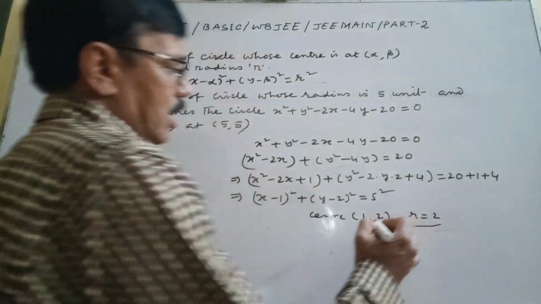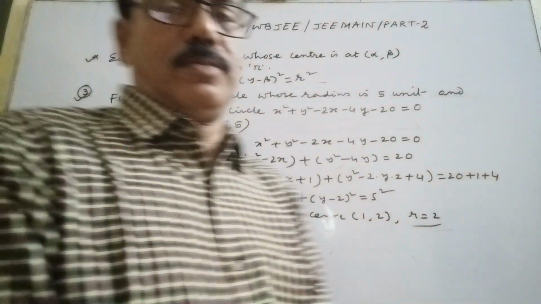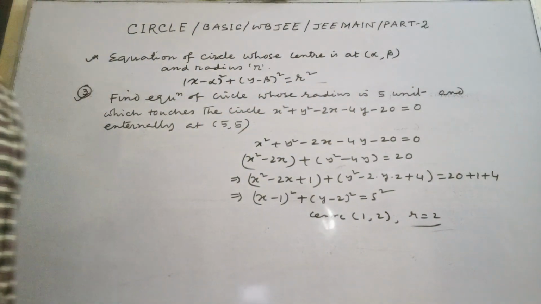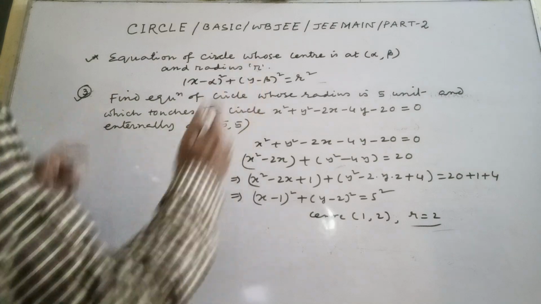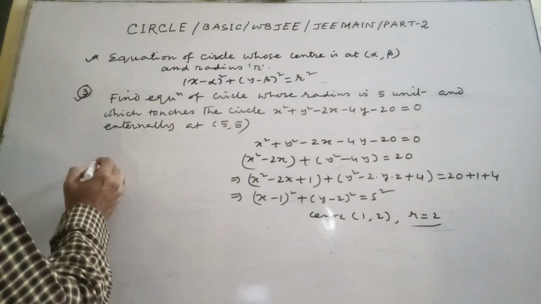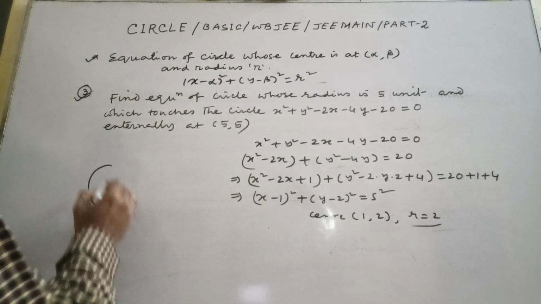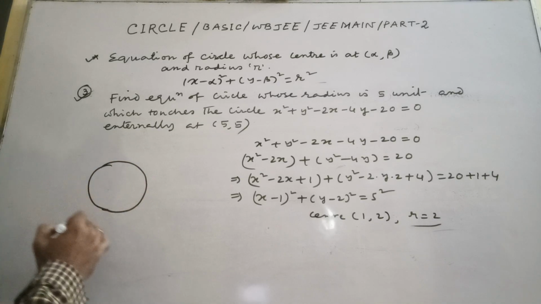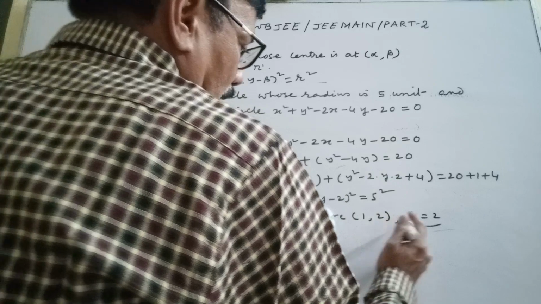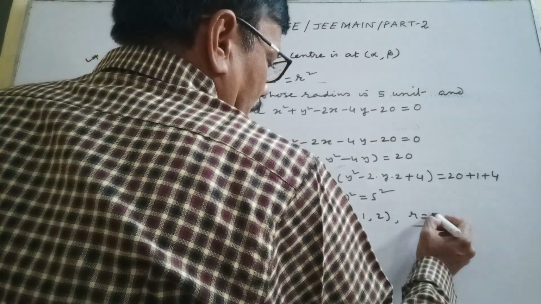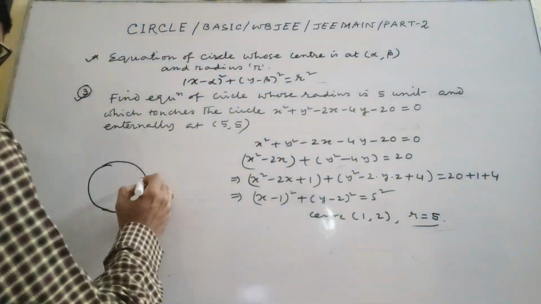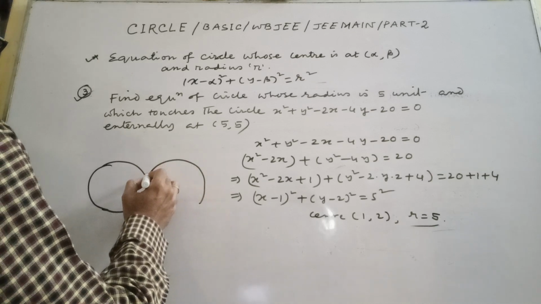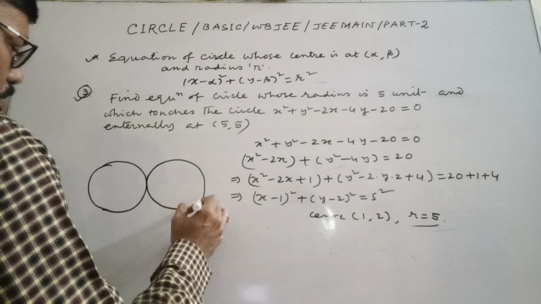Radius of the given circle. Now you have to find the equation of a circle whose radius is 5, and it also touches another circle of the same radius, that is 5.